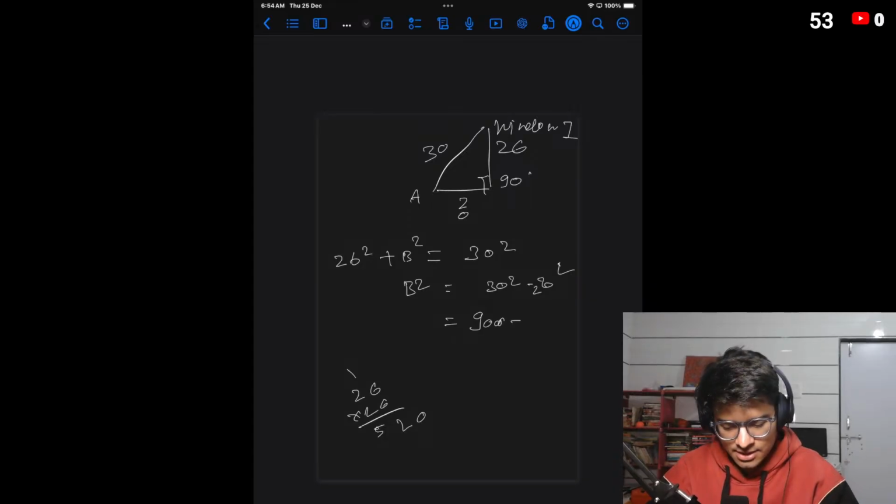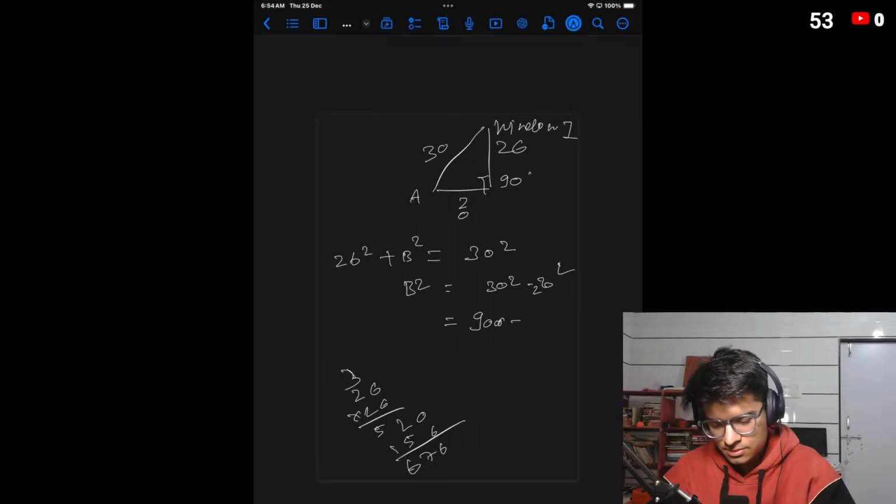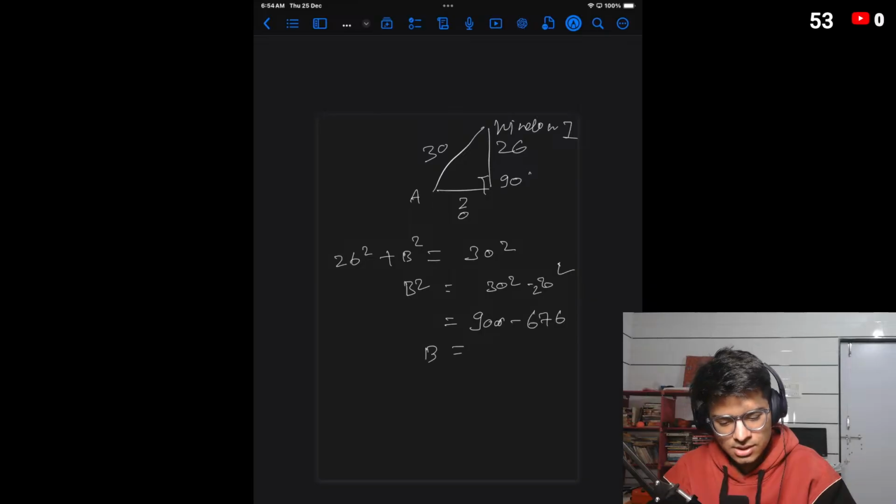I have a doubt about the multiplication. 636. So correct, 676, which will be 24. So 224.